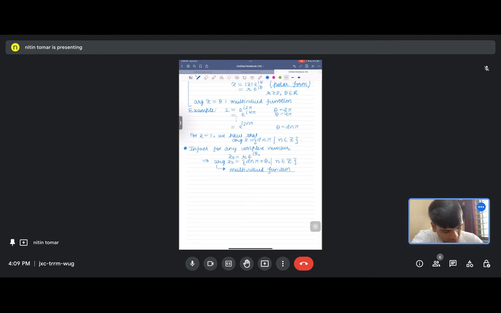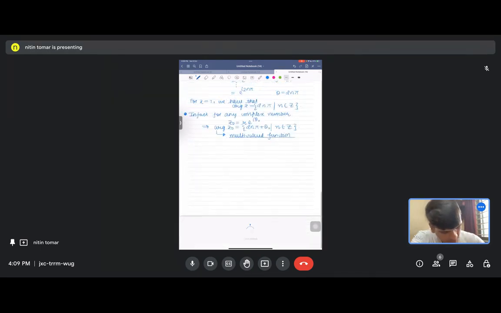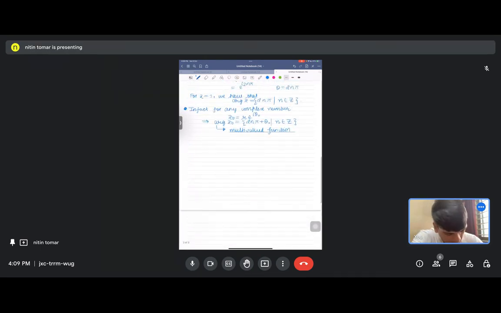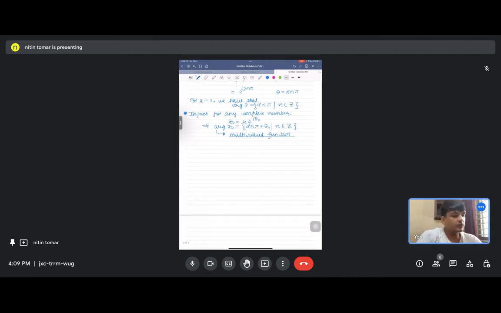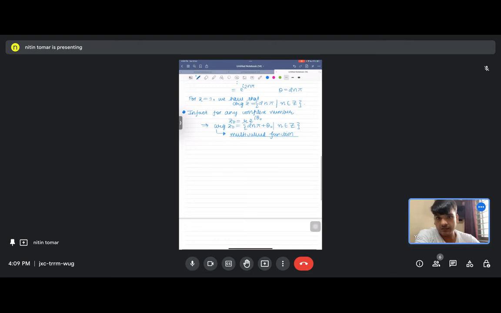Now, so we know the problem with the argument function, that it is a multi-valued function. So just keep that thing in mind.